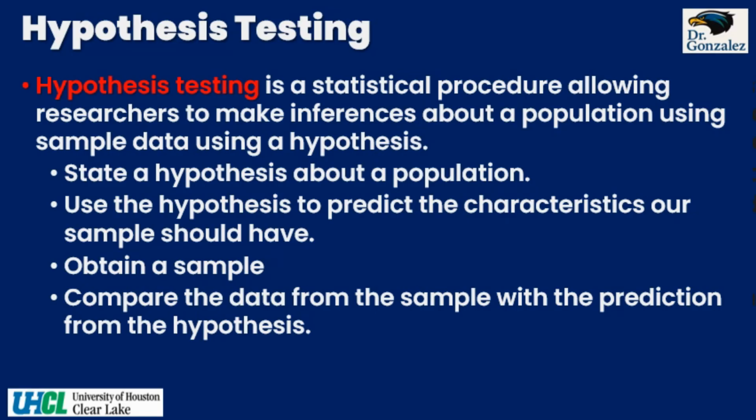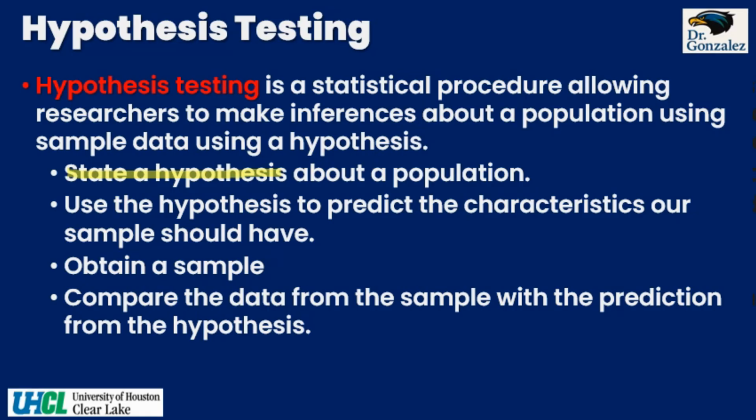So how do we do hypothesis testing? Well, this is why we practiced all of the hypotheses writing and things like that. The first thing you've got to be able to do is to verbalize or state a hypothesis about a population. You've got to be able to put that into words, because if you can put it into words, I can put criteria to it that I can use to determine if our statistic is going to meet that criteria or not.